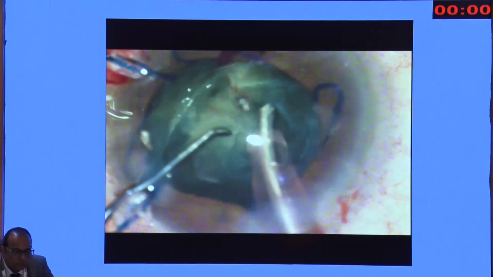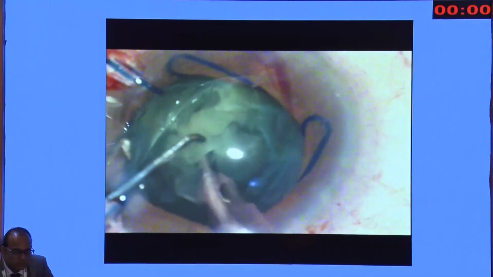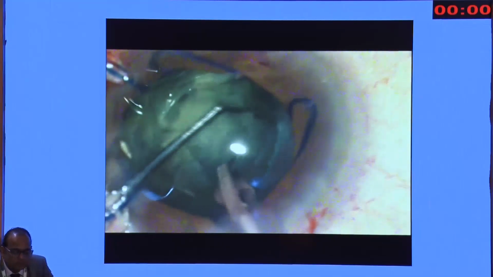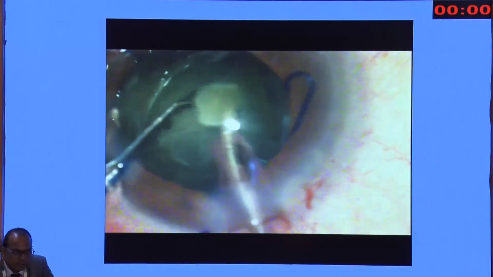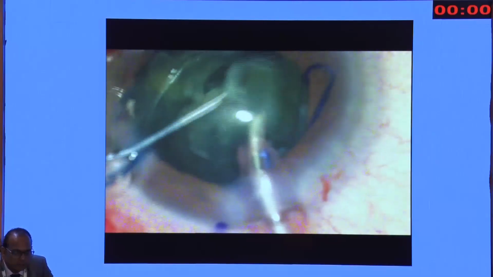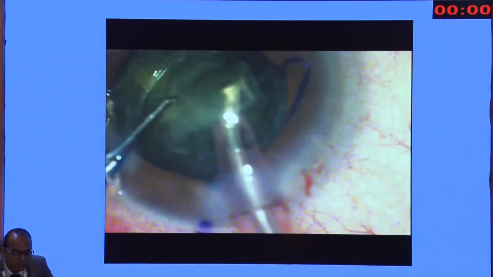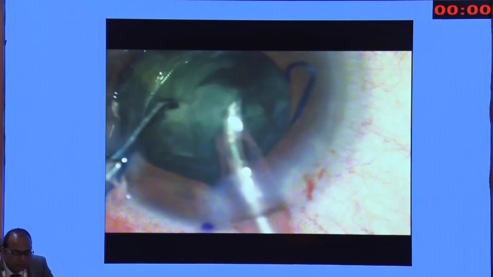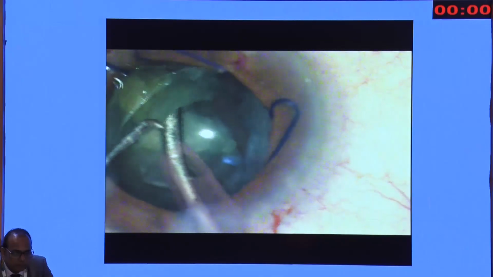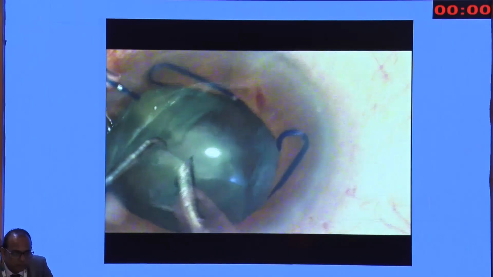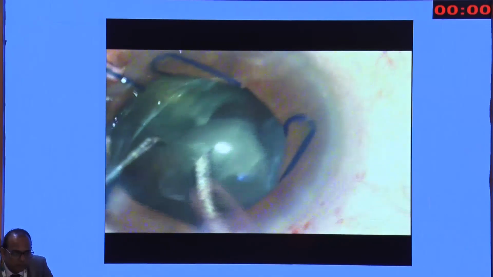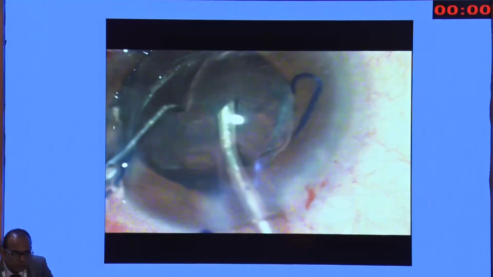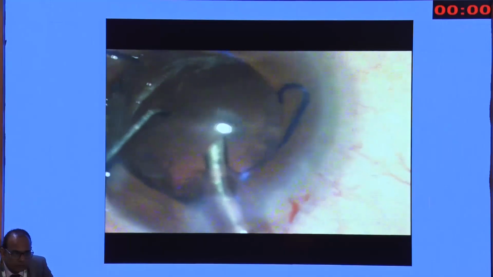Nucleus management is then proceeded with, but due to some still movement of the bag, another hook is inserted to stabilize the bag more firmly. And then the nucleus is managed successfully.